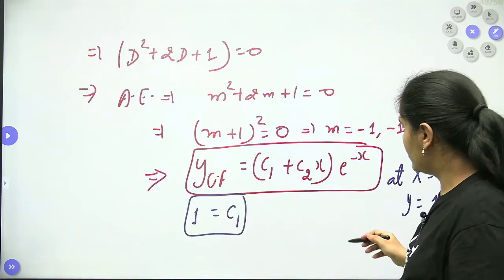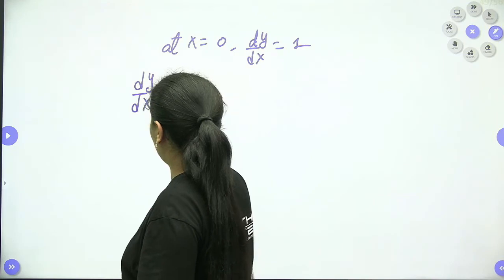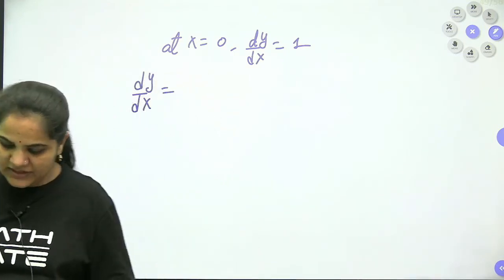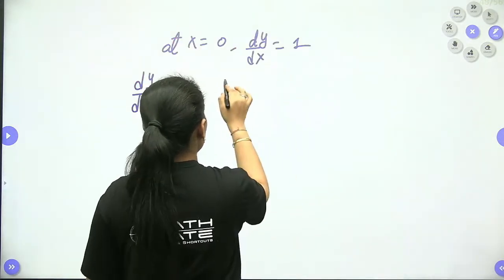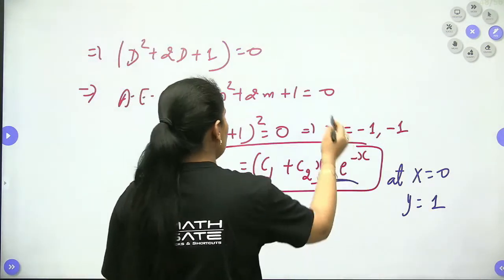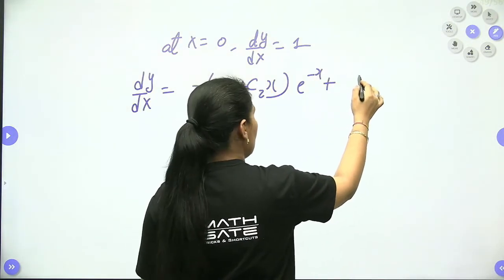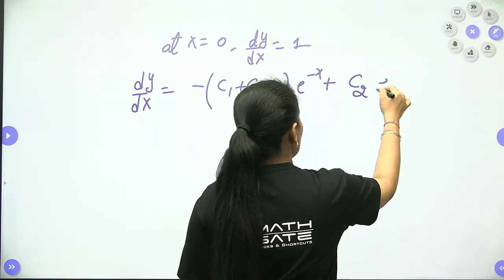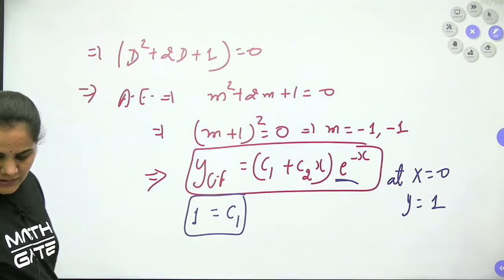So let's find dy by dx. Making (C1 plus C2 x) common, when we differentiate e to the power minus x, it will be minus e to the power minus x. This time it will be C2 and e to the power minus x.